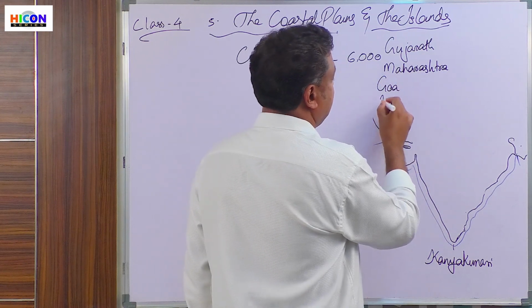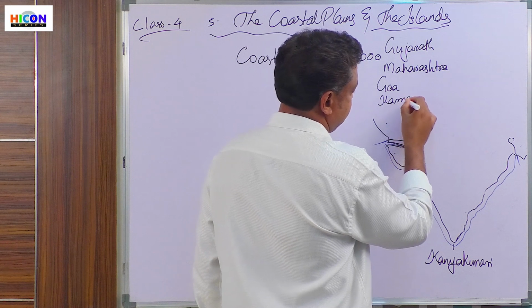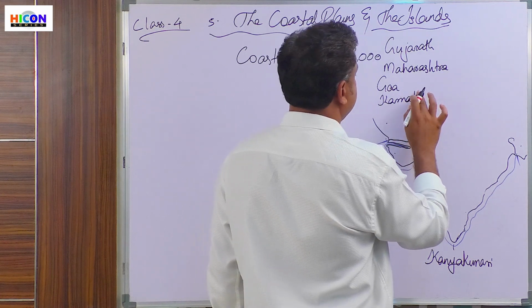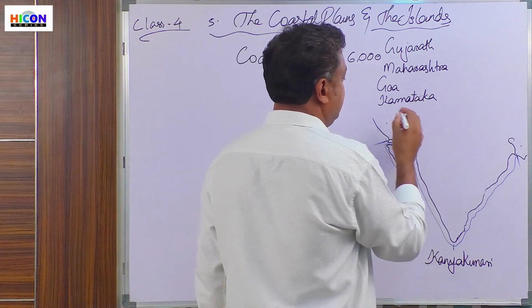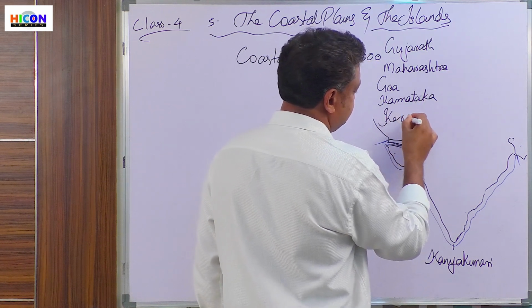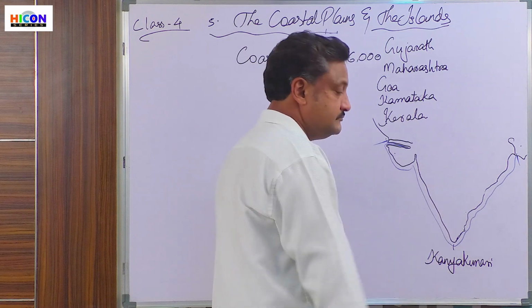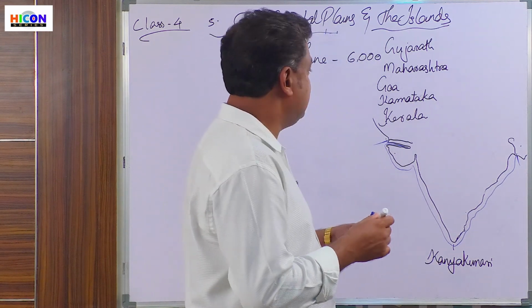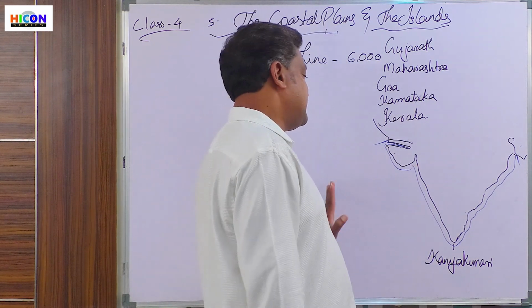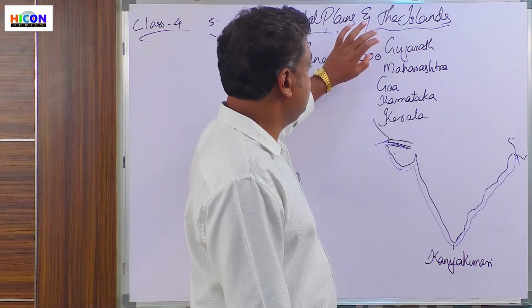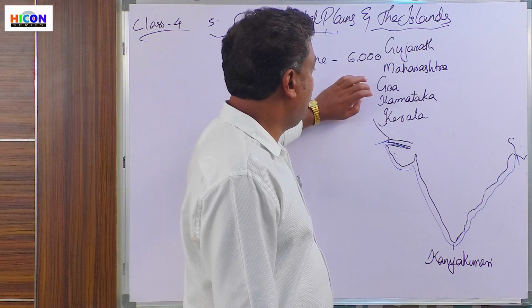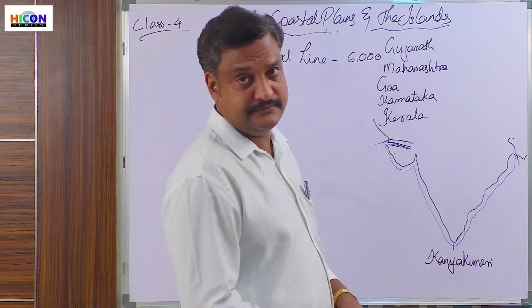Then Karnataka, and Kerala. So the states that lie on the western coastal area of India are Gujarat, Maharashtra, Goa, Karnataka and Kerala.